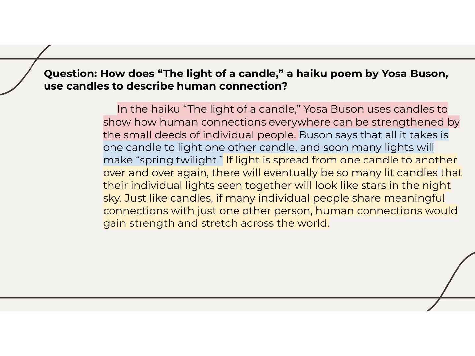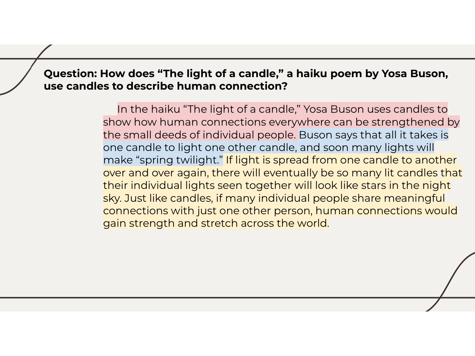Let's jump right into a couple of examples. Okay, you remember this paragraph from The Light of a Candle, the haiku poem by Yosabu-san. In the haiku, The Light of a Candle, Yosabu-san uses candles to show how human connections everywhere can be strengthened by the small deeds of individual people. Busan says that all it takes is one candle to light one other candle, and soon many lights will make spring twilight.